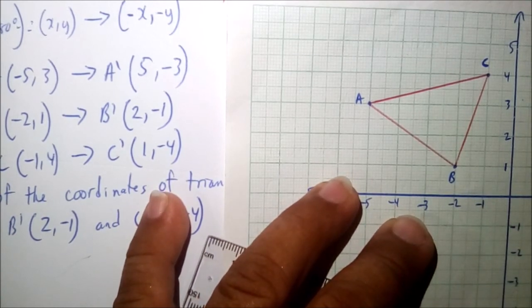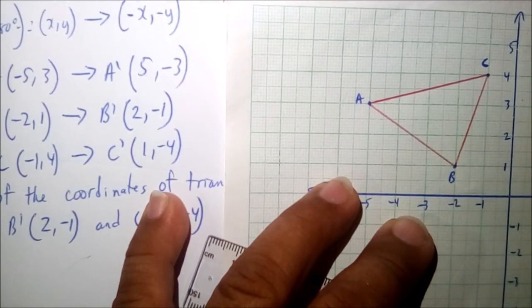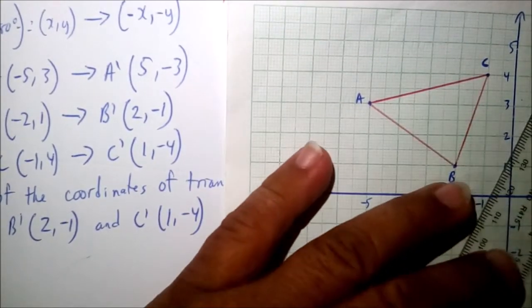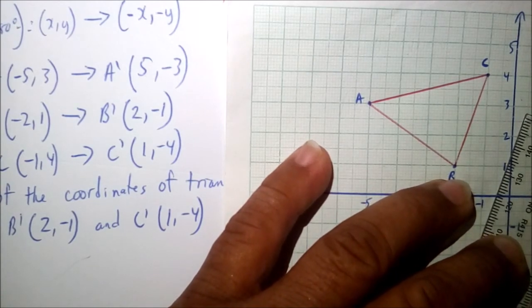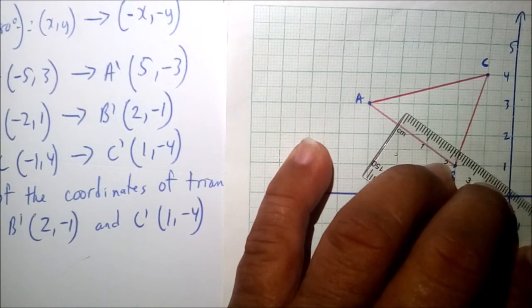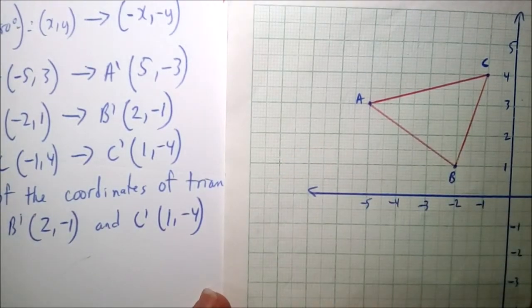So this is C prime, this is B prime, and this is A prime. I'm going to join them in red again so that we can see our object. Remember, you should be using pencil. I am only using red pen because pencil is not visible while I'm recording.